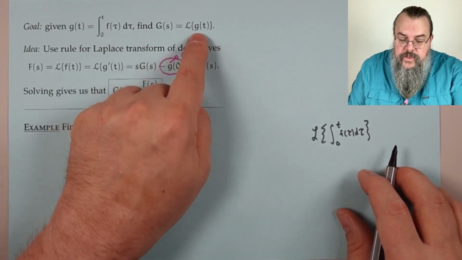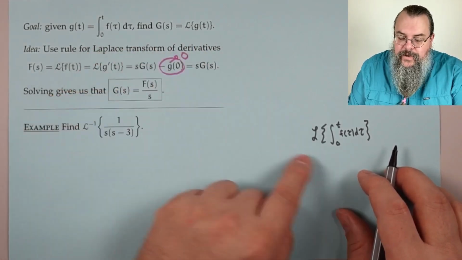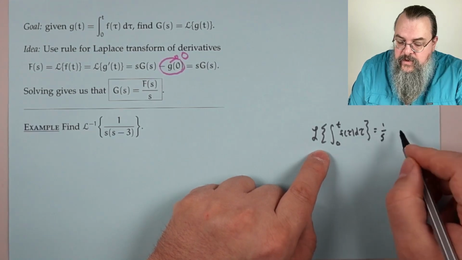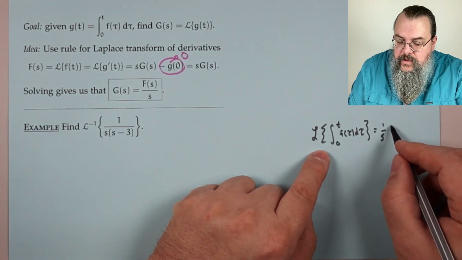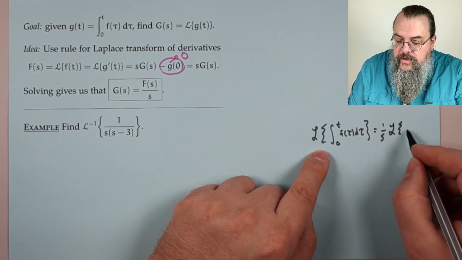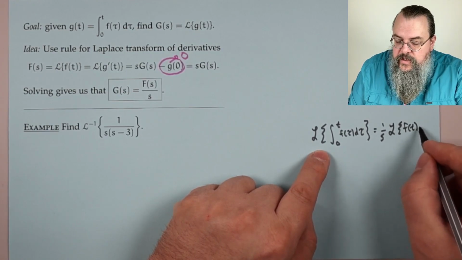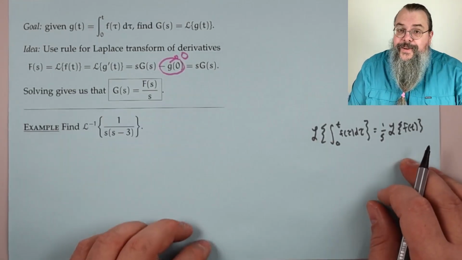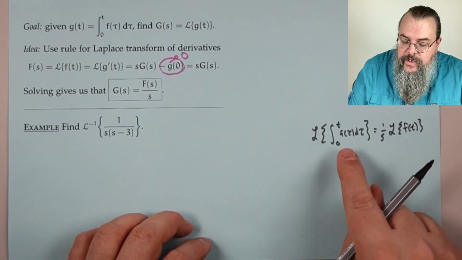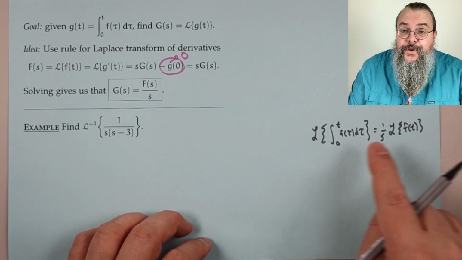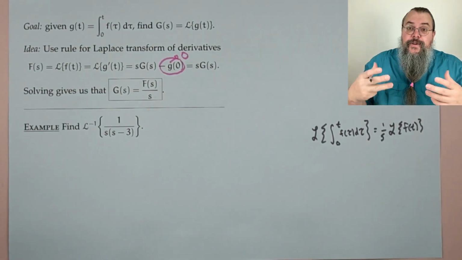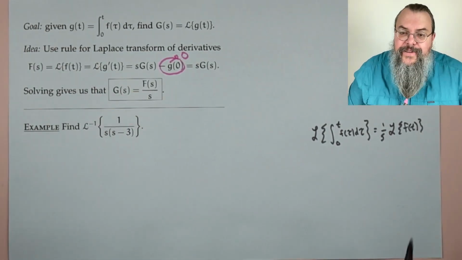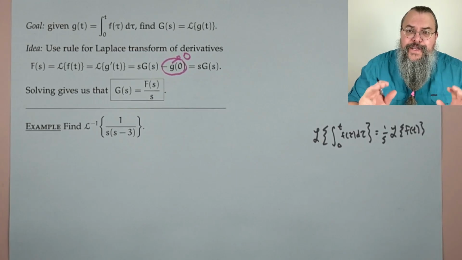Taking the Laplace transform, it is 1 over s times the Laplace transform of f of t, because that's F of s. So it says, when you're doing an antiderivative, you divide by s, similar to the way that when we did a derivative, we multiplied by s. So this makes sense. I can believe this. This is good.